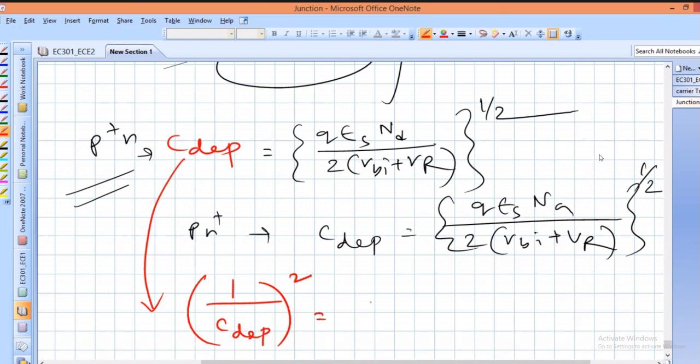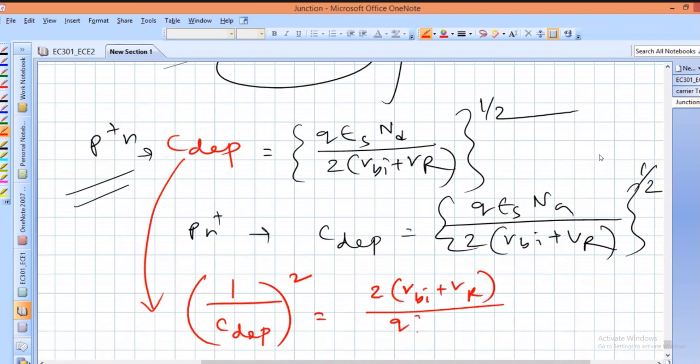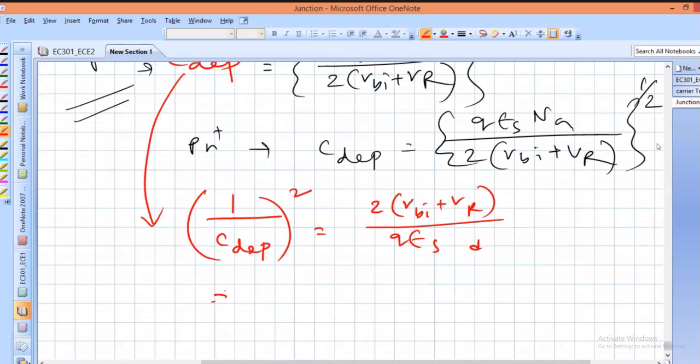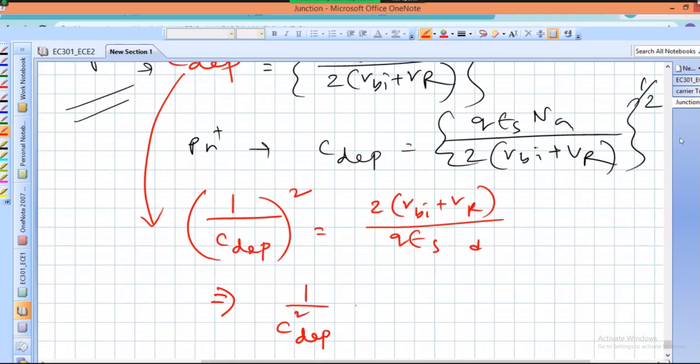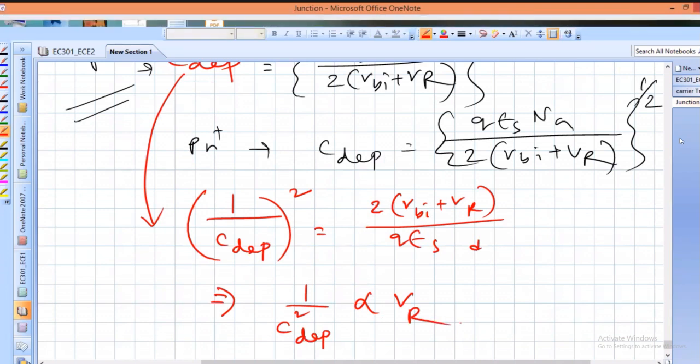That will be equal to 2 times Vbi plus Vr over q epsilon s Nd. From that equation, I can conclude 1 by C depletion square is proportional to this series, the rest of the other terms are constant.